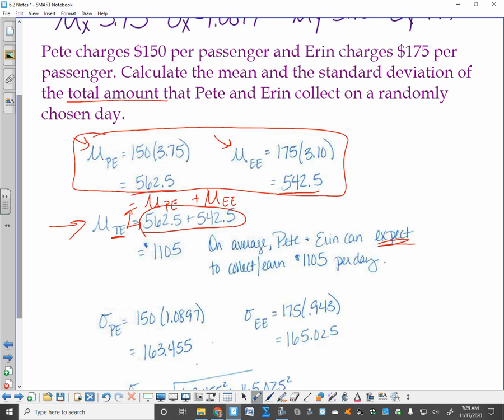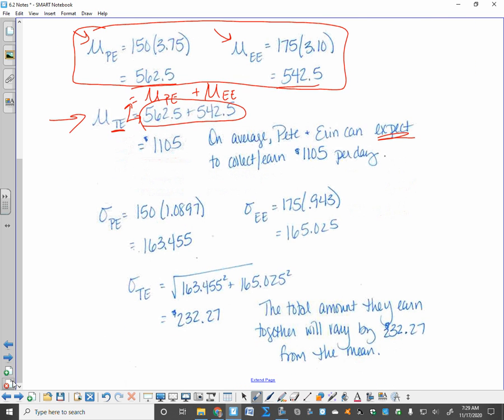All right, standard deviation. Well, multiplication affects the standard deviation. So here we go. Standard deviation for Pete for his earnings is $163.45, and for Aaron's earnings, it's going to be 165.025. So the standard deviation for the total is going to be the square root. Now notice there's no square on my sigma.